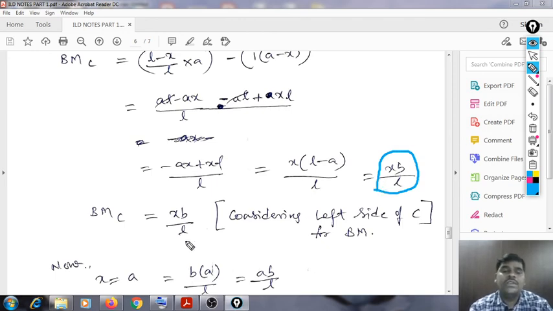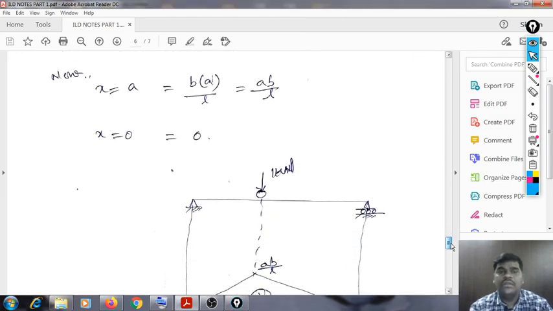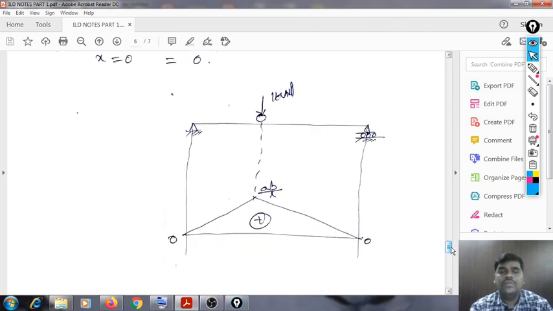So bending moment at C will be xb by L. At x equal to A, we get AB by L, and at x equal to 0, it is simply 0. This is similar to the regular bending moment diagram.